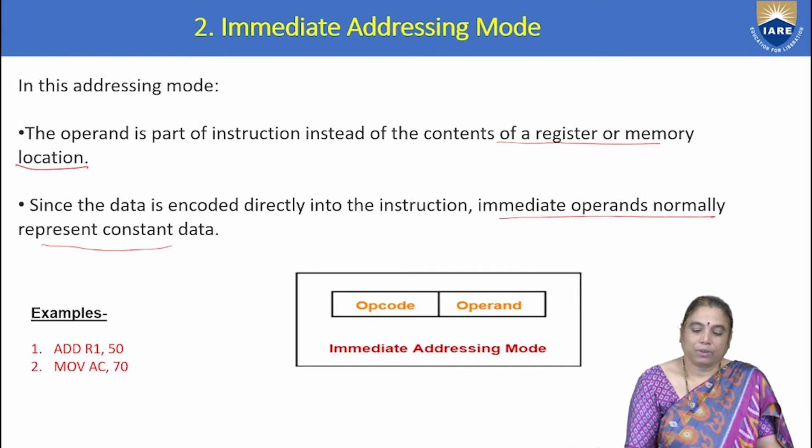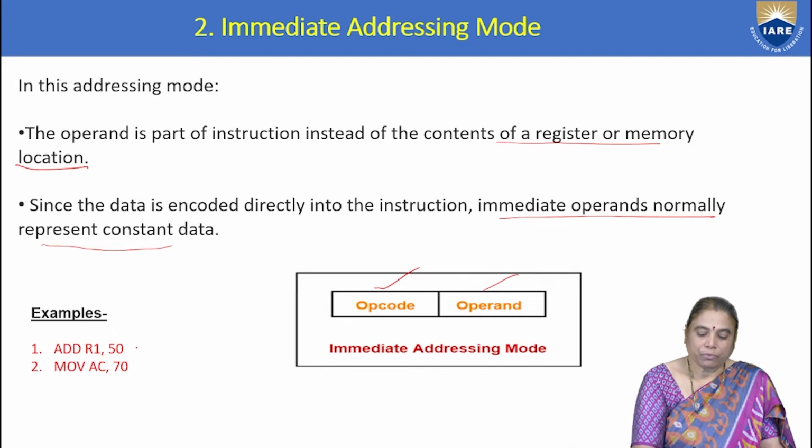Here the format of the instruction in the immediate addressing mode is, first the opcode has to be represented, next the operand can be specified. So the operand is directly available in the instruction format itself. The examples are ADD R1, 50.